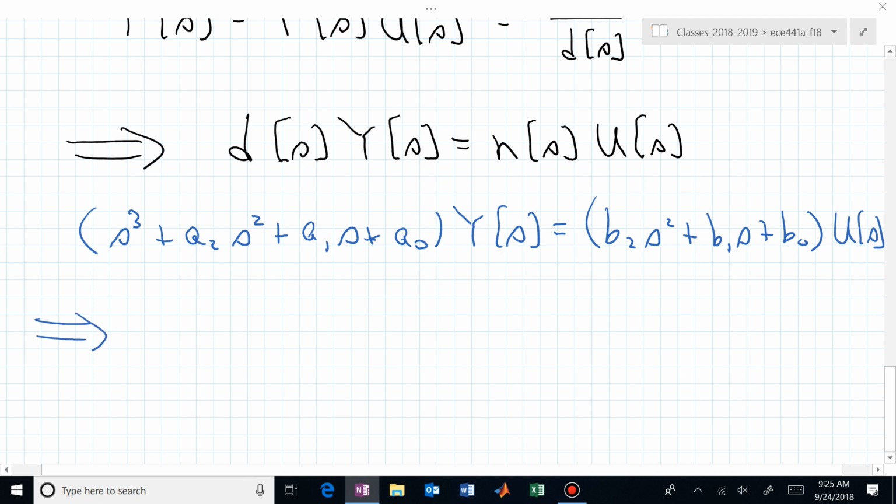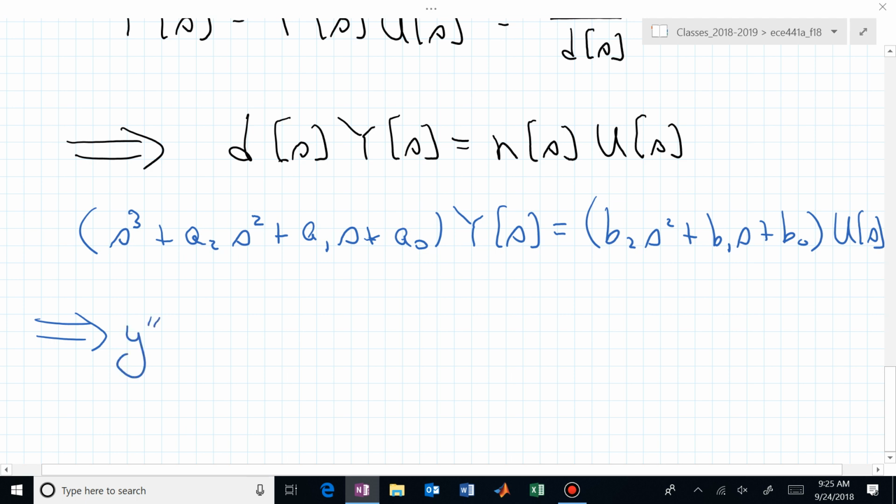Now we can take that immediately into the time domain, because every time we multiply by s, that's like differentiating in the time domain. We now have three derivatives of little y of t due to the s cubed y of s.